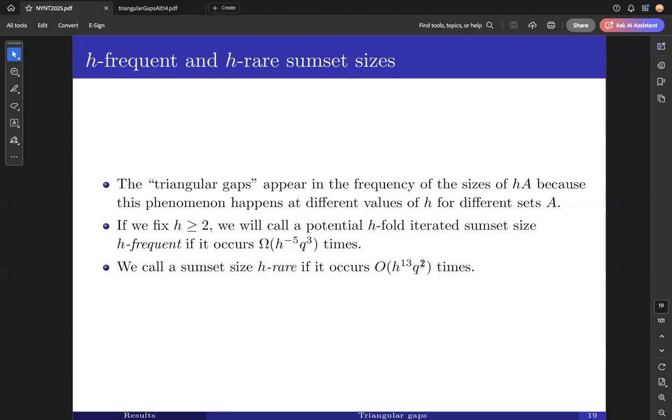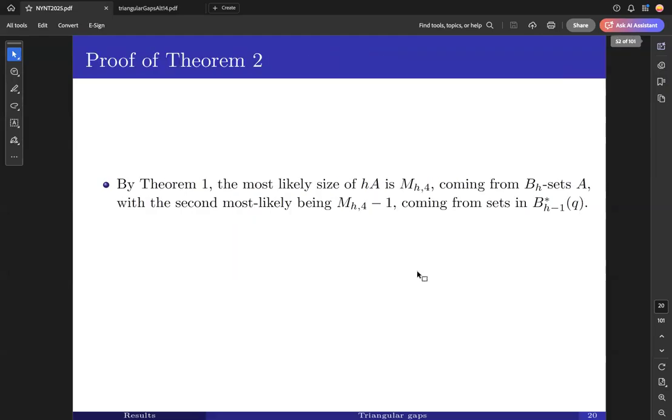So the math bears out that I want Q squared here. Basically, the largest size is going to happen Q to the 4th times, so that's considered frequent. It is bigger than Q cubed. But those rare set sizes are going to occur less than Q squared times, again within constant multiples.